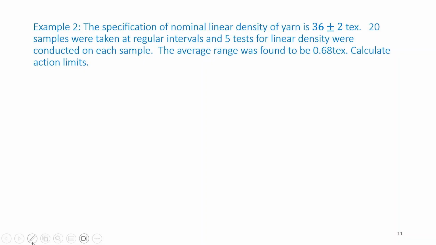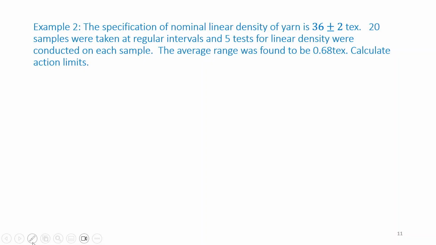That means I am taking 20 bobbins at some intervals, and then from each bobbin I am doing 5 tests. We can think this way also. It is not necessarily 20 bobbins from the same machine, maybe from different machines, or maybe from different shifts. That is also okay.